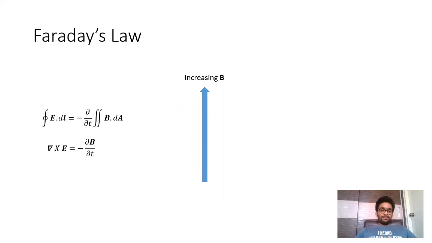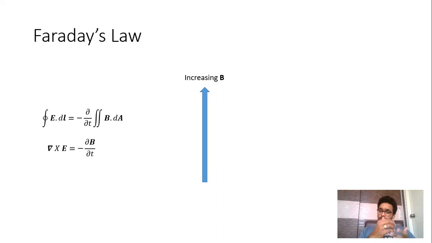Long back Faraday discovered this law, which tells that if you have a change in magnetic field, and as I said before, for generating this magnetic field you don't need any magnetic monopole. You need something, I will tell you later what.